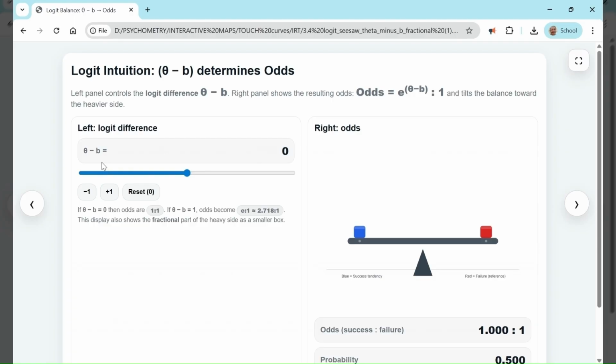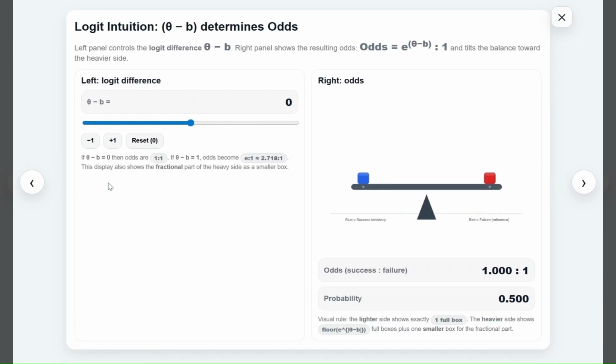the first student, who has one logit ability, will answer that question with plus one, the difference from the difficulty.